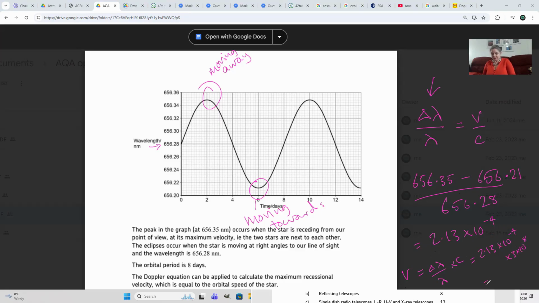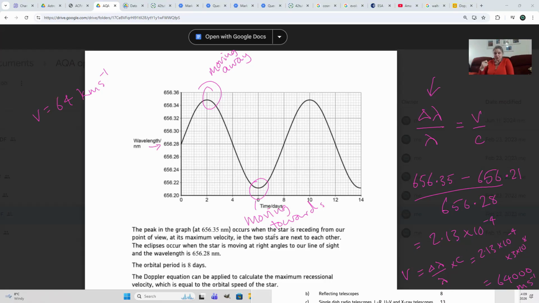And we end up with a maximum speed, either towards or away from us, of 64000 meters per second. Let's do it in kilometers per second. So 64 kilometers per second, either coming towards us or away from us when they go around each other.